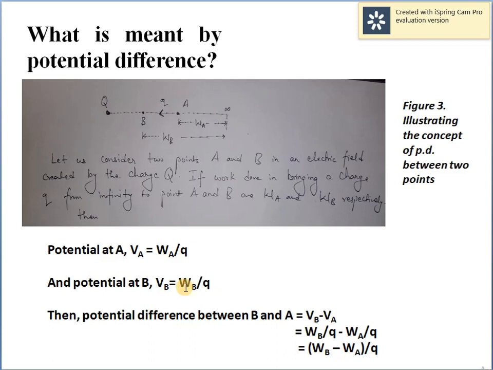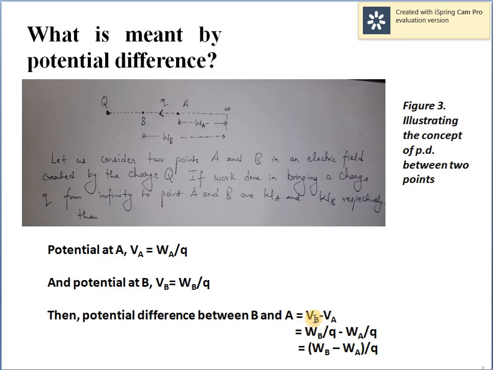Then the potential difference created between B and A is given by the scalar subtraction VB minus VA, the scalar subtraction of VA from VB.